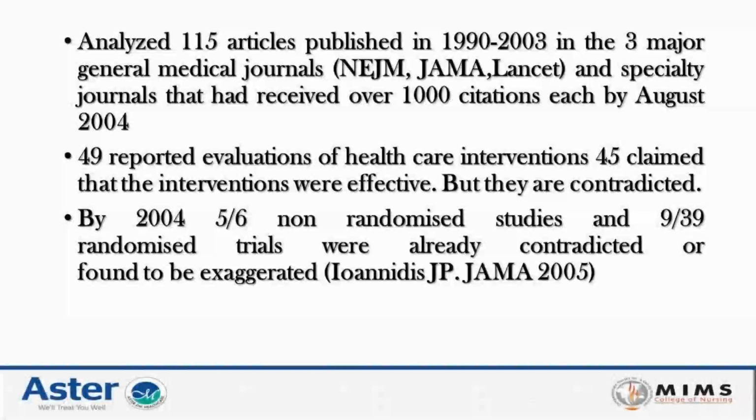Of these, 49 reported evaluations of healthcare interventions, and 45 claimed that the interventions were effective, but they were contradicted later. By 2004, 5 out of 6 non-randomized studies and 9 out of 39 randomized trials were already contradicted and found to be exaggerated. So please remember that single study findings are not useful for knowledge translation.